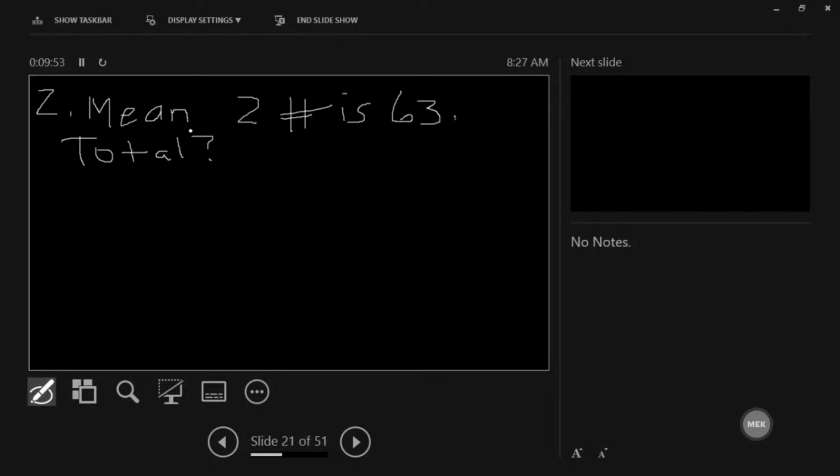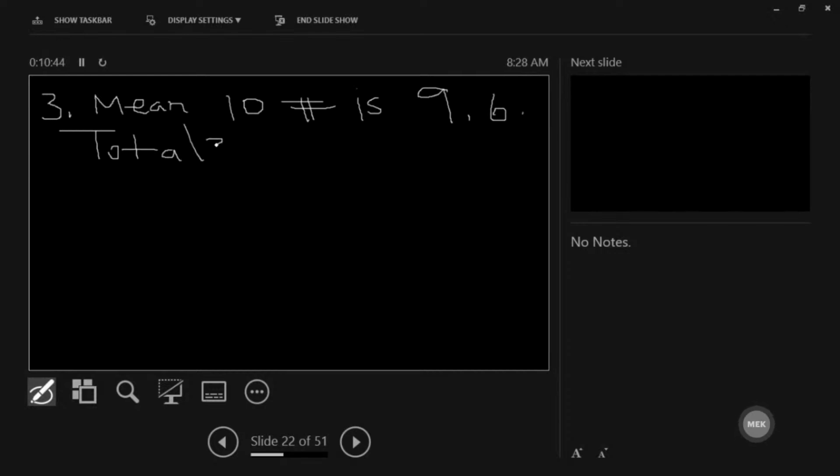So again, if the mean of the 2 numbers is 63, it's 2 numbers, so the total would be 63 times 2. So that would be 126, and 2 6 is 12. A third one like this, and then we move on to another type of question.